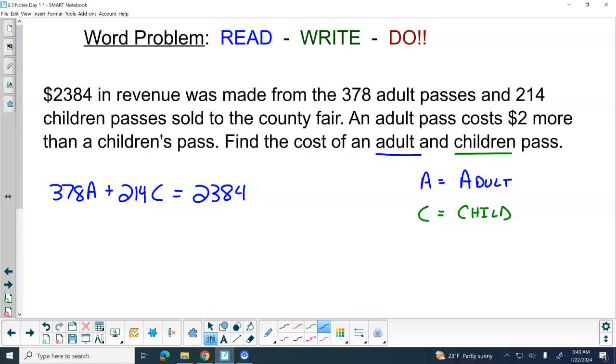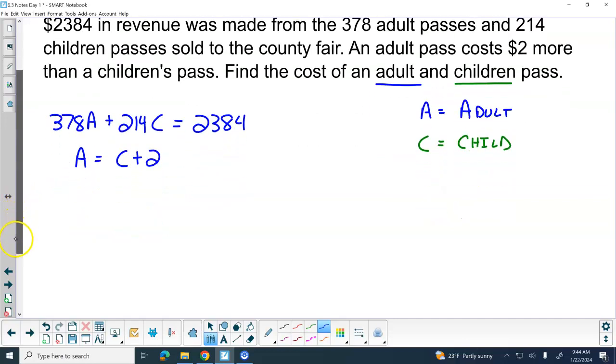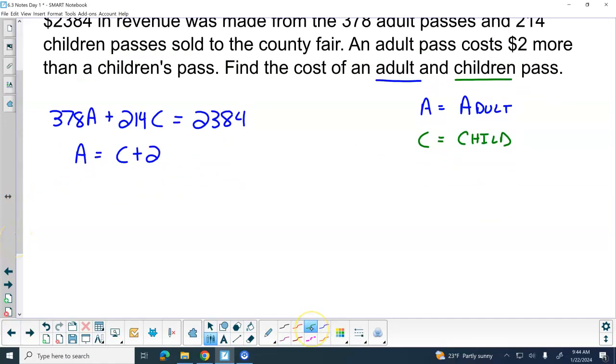Second equation: an adult pass is $2 more than a children's pass. So A equals C plus 2. Substitution is set up for us already, right? Because we've solved one of our equations for one of our variables. So we can plug that right away into our other equation.